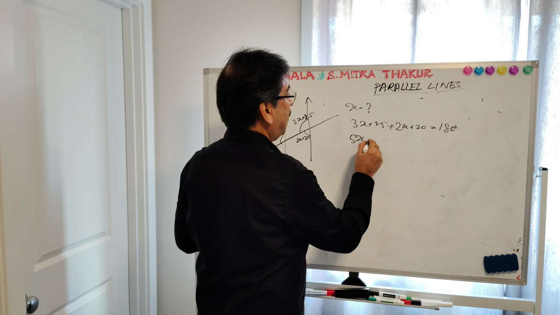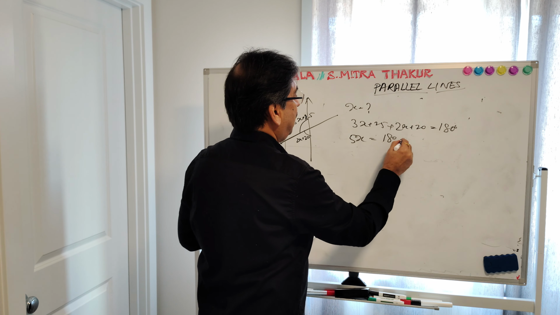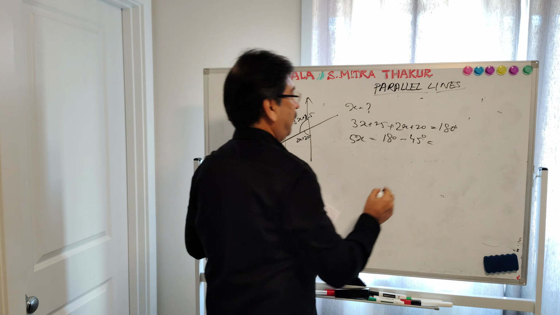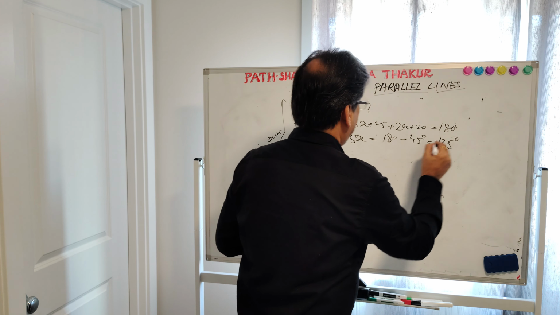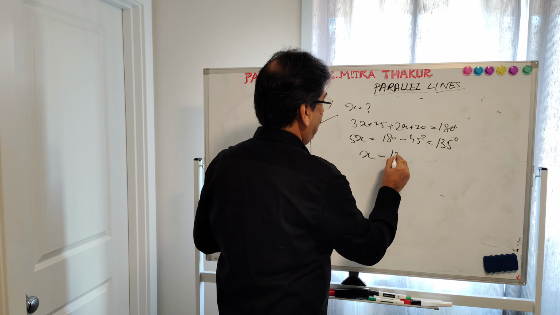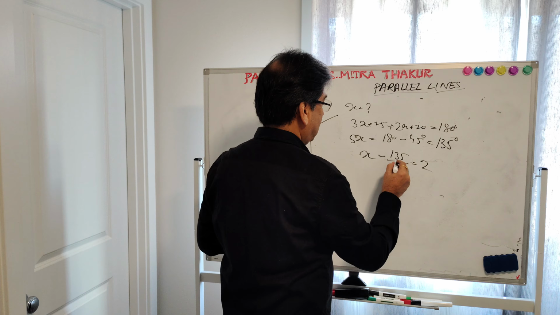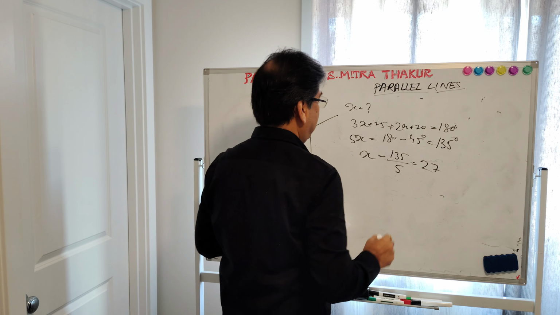So 5x is equal to 180 minus 45 degree, that is equal to 135 degree. So x is equal to 135 divided by 5, 27.